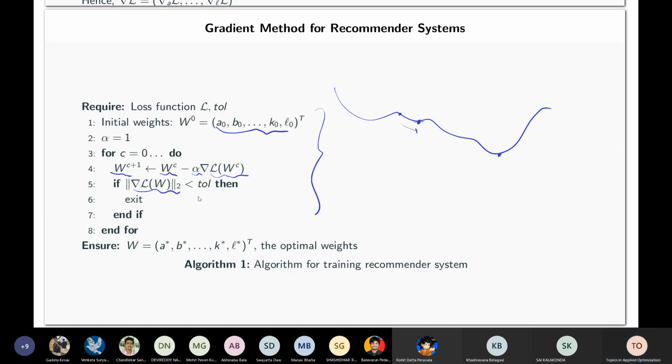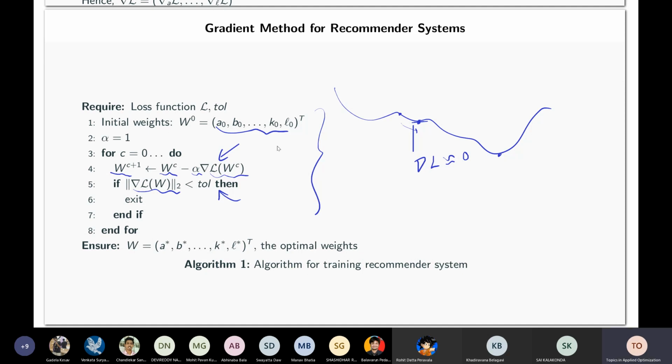This is the place where the gradient becomes flat, so grad L is going to 0. Then it will stop here. That's the stopping criterion. Because the gradient method is based on the gradient, once it becomes flat you will not do any update at all.